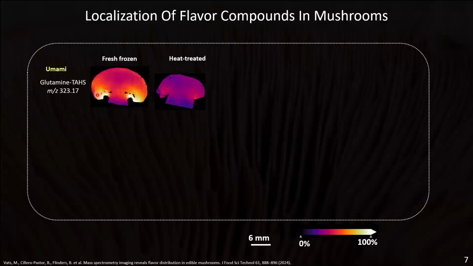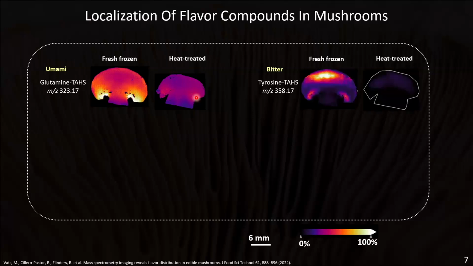So in the fresh frozen mushroom, you see higher intensity of glutamine in the gills, while you still see some here in the heat-treated mushrooms, but probably the property of these small molecules to dissolve in water and then go away with heat or get evaporated might be the cause of lower intensity after heat treatment.